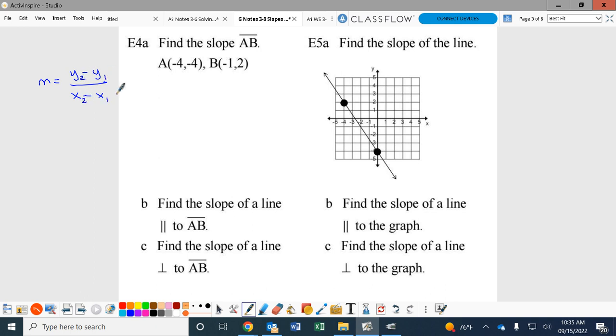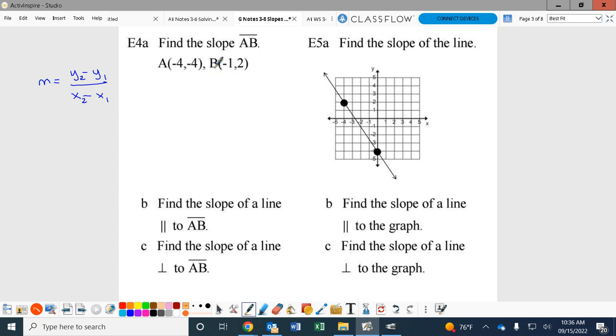It doesn't matter as long as if it goes 2, 1 on the top, it goes 2, 1 on the bottom. If it goes 1, 2 on the top, it's got to go 1, 2 on the bottom. Always, guys, what letter always goes on the top when you're dealing with slope? Y. Every time. Y is always on the top.